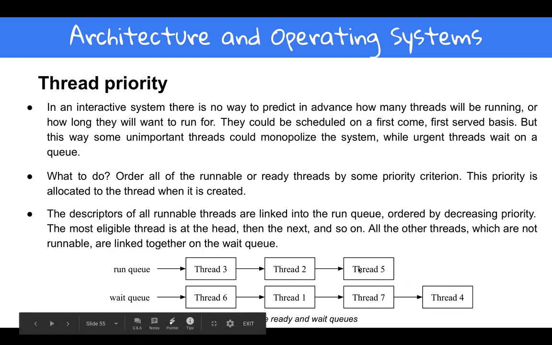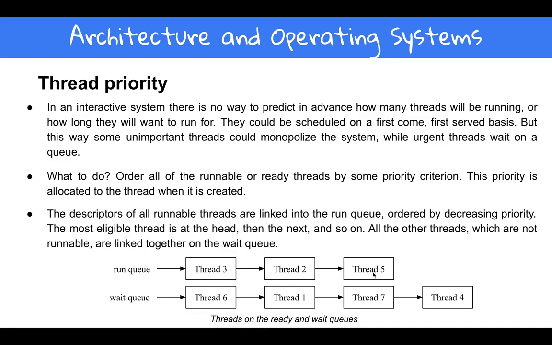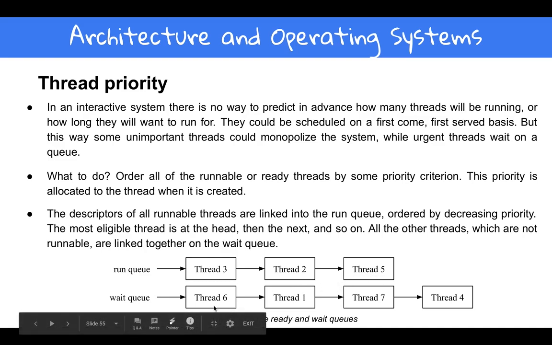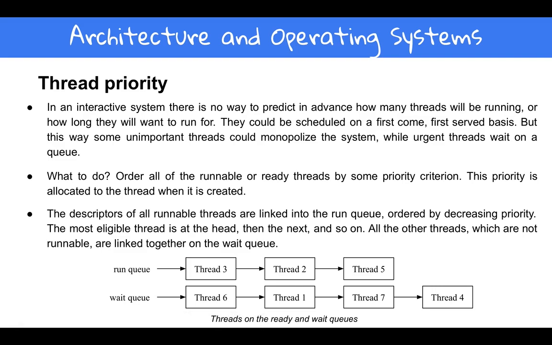So the run queue is based on priority. The most important one goes first, and the rest, less important or with no important difference between them, go into the wait queue to be executed, again based on decreasing priority index.